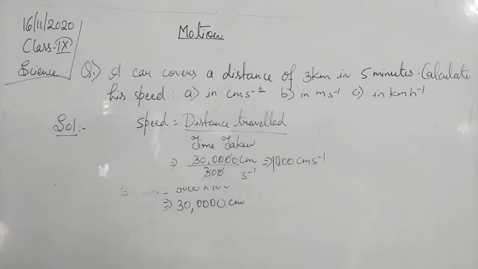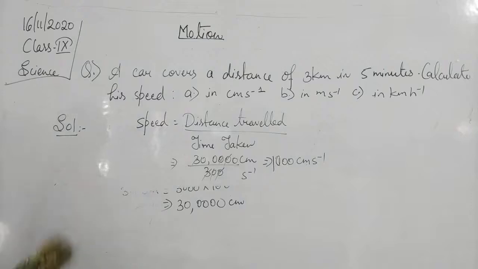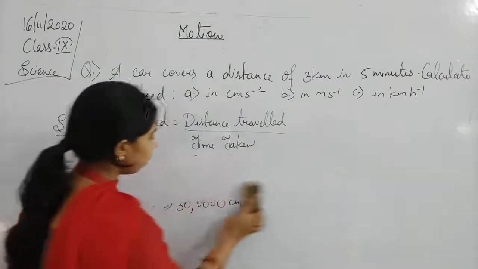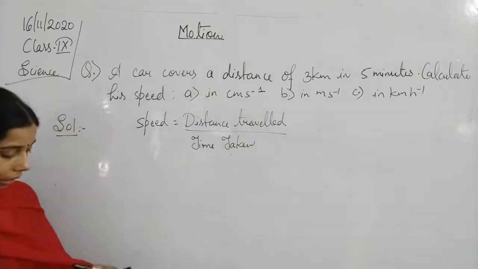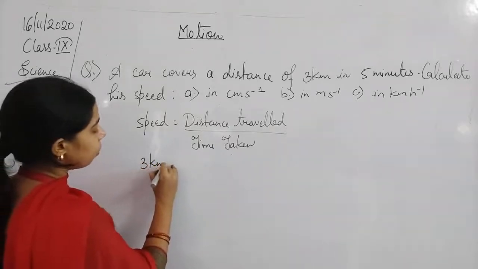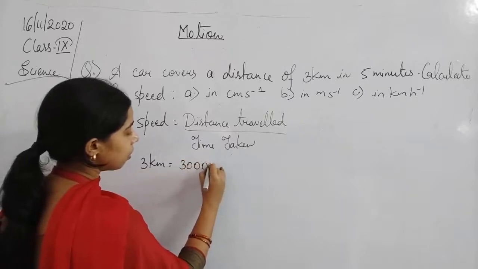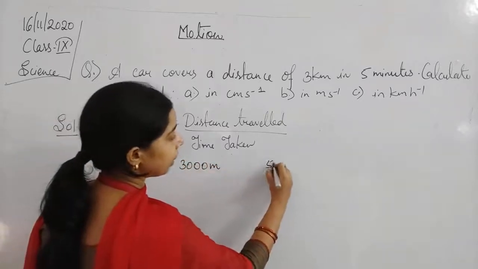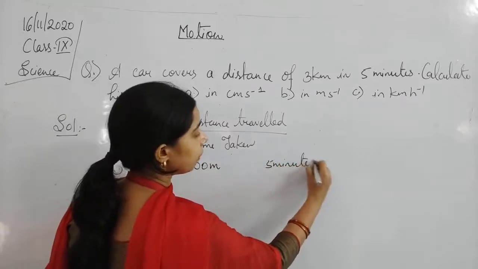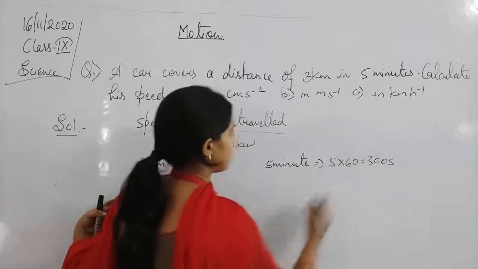So this is what we get for the first one. Now for the second one, students, we have to find the speed in meter per second. So we have to convert the time into seconds, and the distance is 3 kilometer. So 3 kilometer will be equal to 3000 meter, and 5 minutes will be equal to 5 into 60, that is 300 seconds.